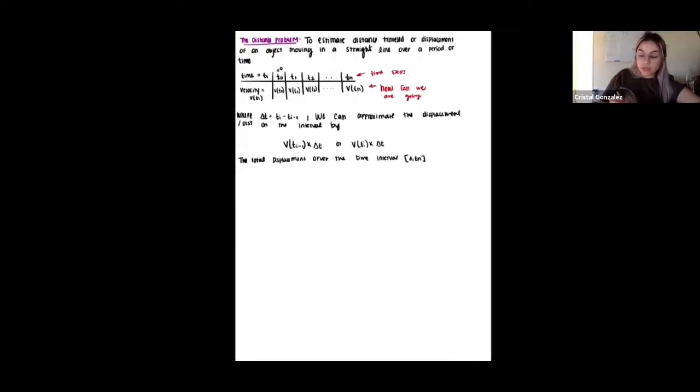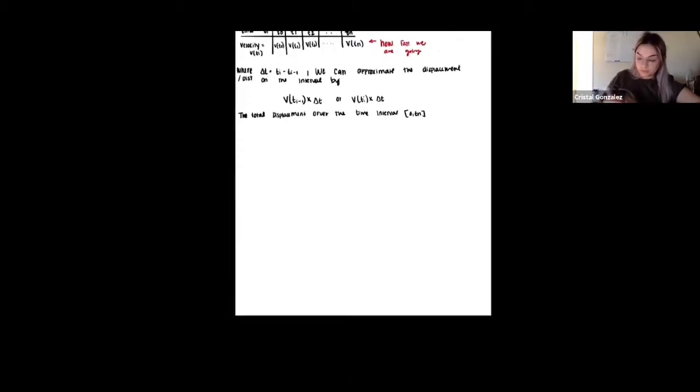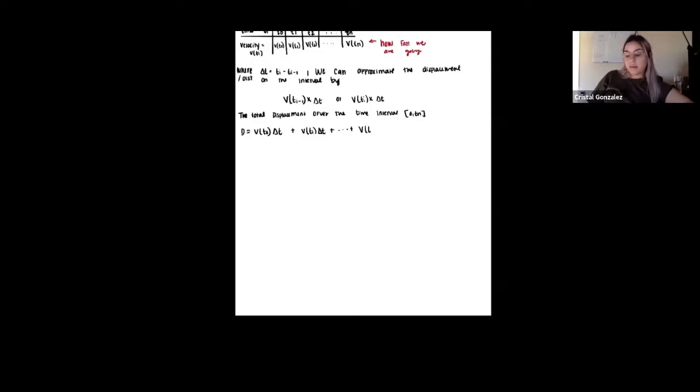That first way is by doing d is approximately, and I'm not going to say it's exactly equal to because it's not, v of t naught times delta t, so that we can know how far we went at the initial time, plus v of t1 times delta t, plus dot, dot, dot, v of t n minus 1 delta t.